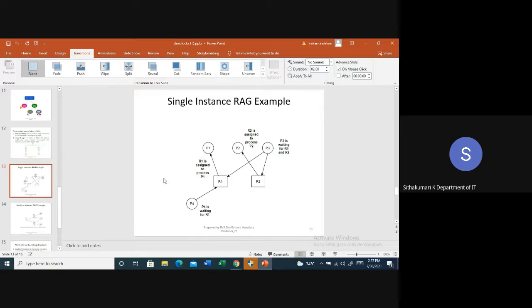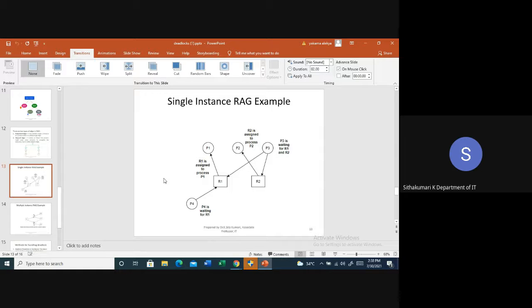If you look at this diagram, you have four processes, and to these four processes resources have been allocated, and these processes may request resources. Everything is shown here.